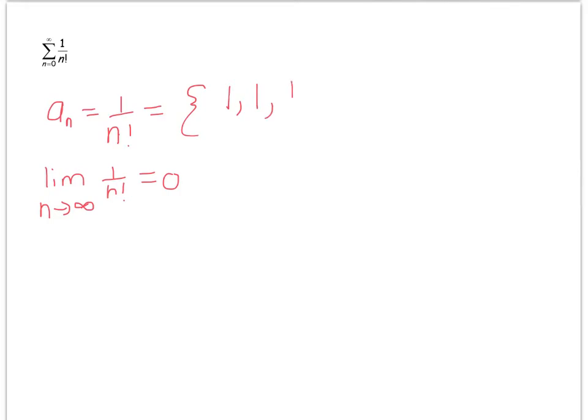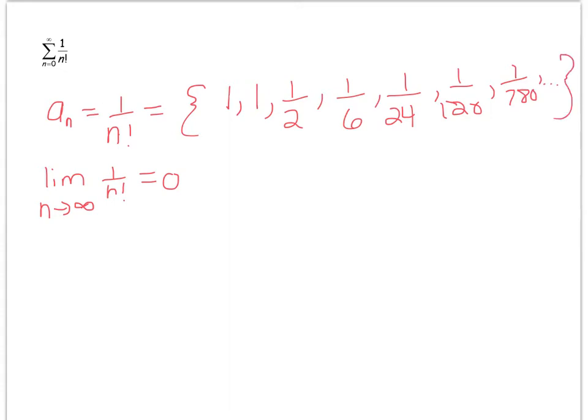And then 2 factorial is 2, 3 factorial is 6, 4 factorial is 24, 5 factorial is 120, 6 factorial is 720, and so on and so on. So there's my sequence of numbers. The numbers are definitely getting very small very quickly, definitely approaching 0. So this corresponding infinite series has a chance to converge.